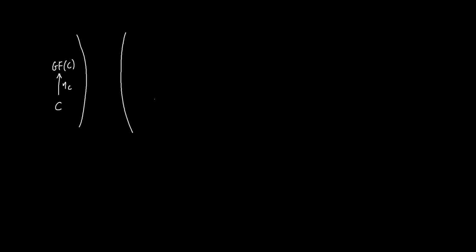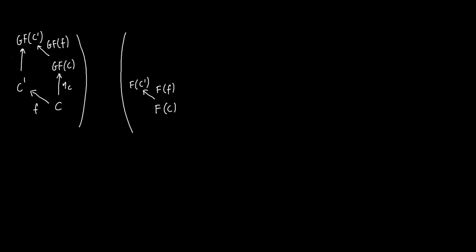It means that if I have a morphism from C to C prime, let's call it f, then I could have applied my functors back and forth to the morphism f. So on this side, I would have had F of C prime, F of f, and then apply the other functor, which is the G functor. So we get here GF of C prime. So here we have GF of f.